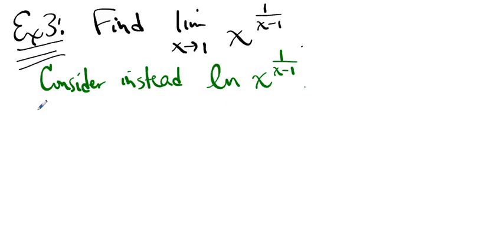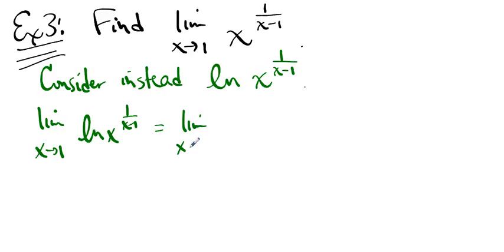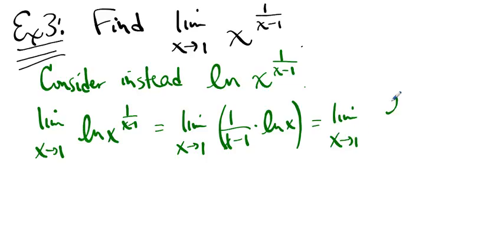So the limit as x approaches 1 of the natural log of x to the 1 over x minus 1 is, by laws of logs, the same as 1 over x minus 1 times the natural log of x, which is, by algebra, that.